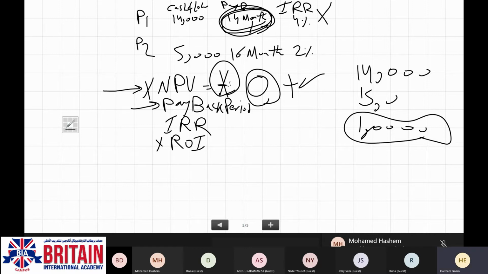If I'm going to compare two projects based on the NPV and the payback period, I'm going to select the project which has the higher NPV, even if that project has a longer payback period.